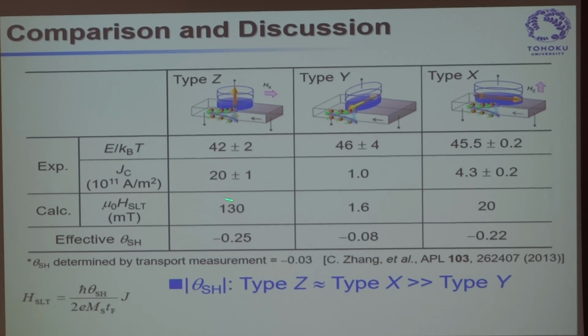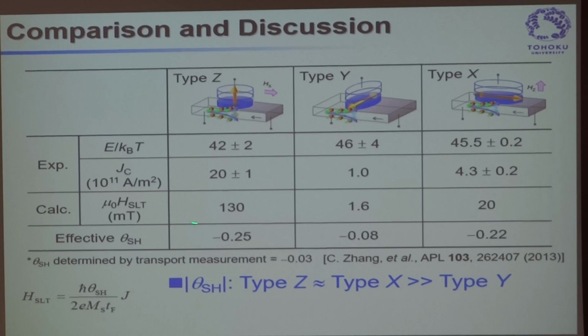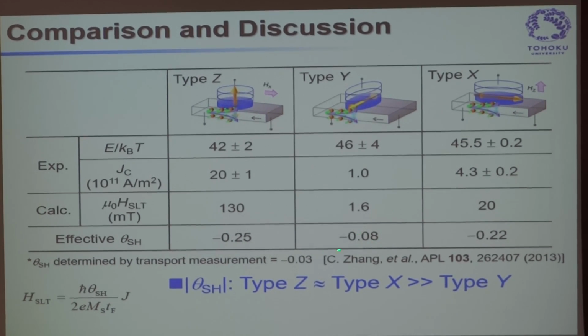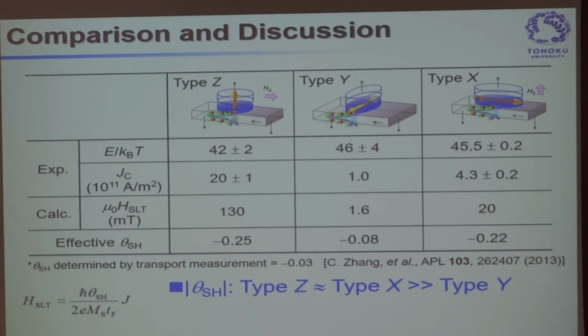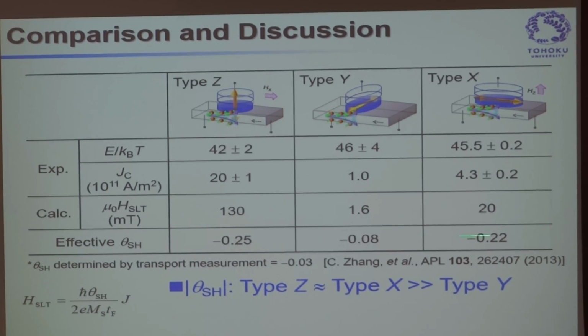In other words, in order to explain these numbers from the known expression, we have to assume that the spin Hall angle is actually very large compared to this type Y. Although the independent measurement shows there's already a factor of 2 or 3 difference, here is another factor of 4 difference. Well, this cannot be true because we're using the same material, and in this case the same wafer to make these junctions or these devices.